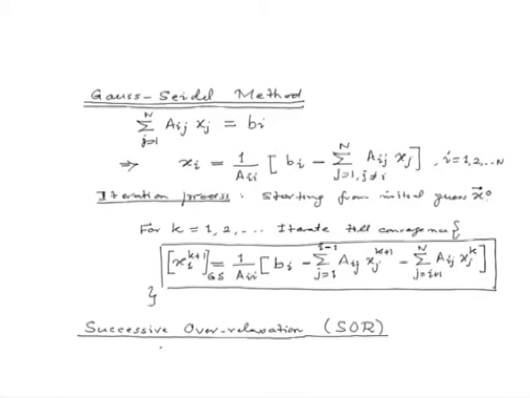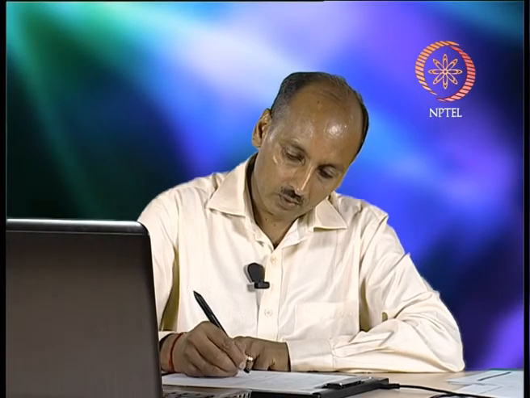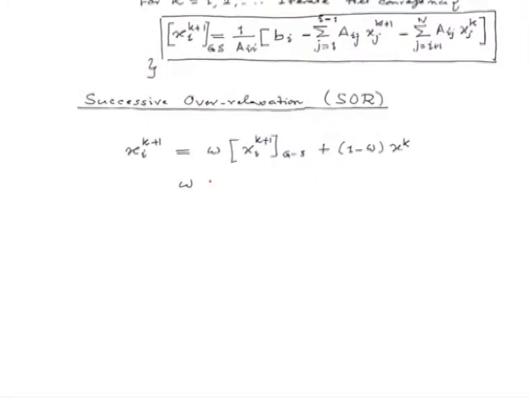So in terms of this, our successive over relaxation method says that, look, now x_i^(k+1) is omega times x_i^(k+1) Gauss-Seidel plus (1 minus omega) times x_i^k, where omega is a scalar quantity between 1 and 2.